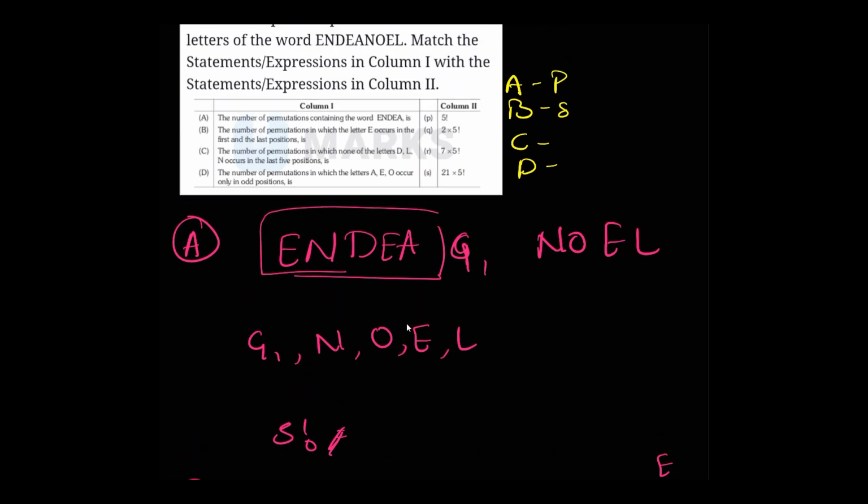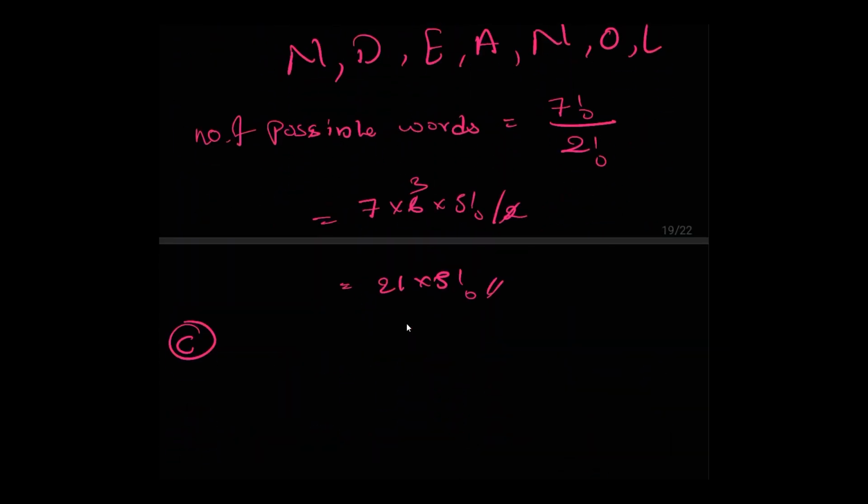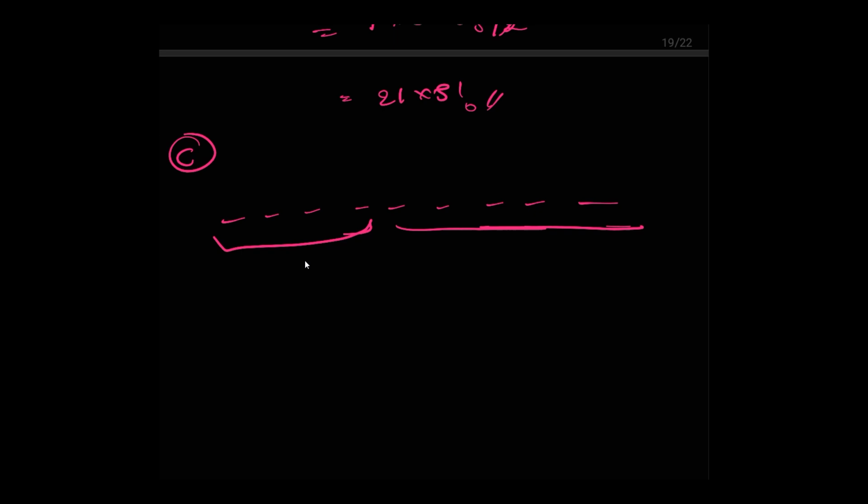None of the letters N, D, and L. Then let us take positions 1 to 9. Therefore, N, D, L will occur in these 4 places, and there are 4 letters to place, with letters N, D, L in them. Therefore, the number of ways will be here.